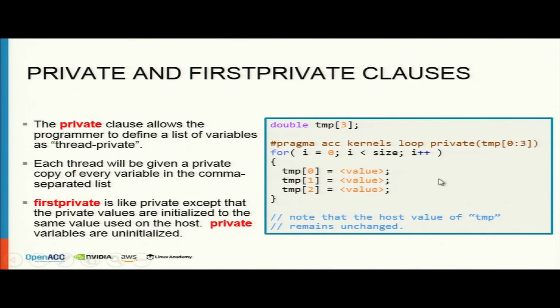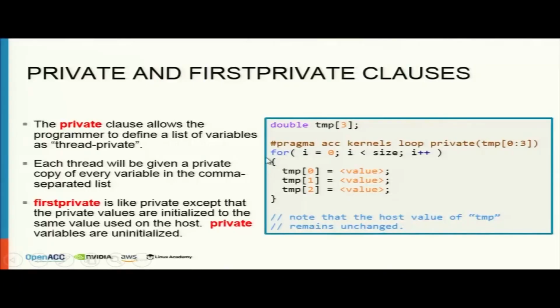Okay, so what will the value of A of I be for I equal to 0? It will be 0 plus 1 plus 2, 3, right? For I equal to 1, what will it be? 1 plus 2 plus 3, right? So whatever the value is, everybody is going to have a different answer, right? So everybody should have its own copy of the temp variable.